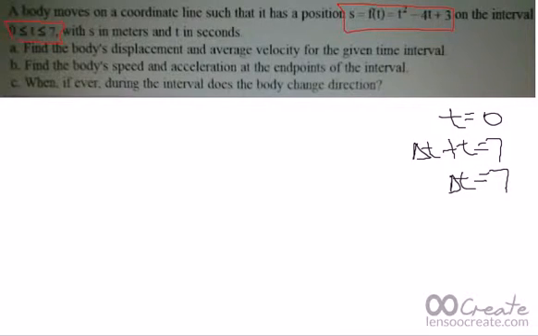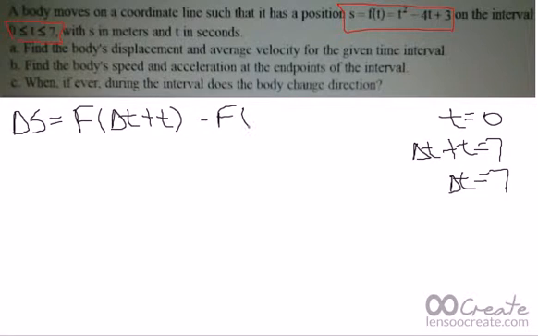We are asked to find the displacement. For the body displacement, we know that that's going to be the variable s, and s is going to be the function of t plus t minus the function of t.